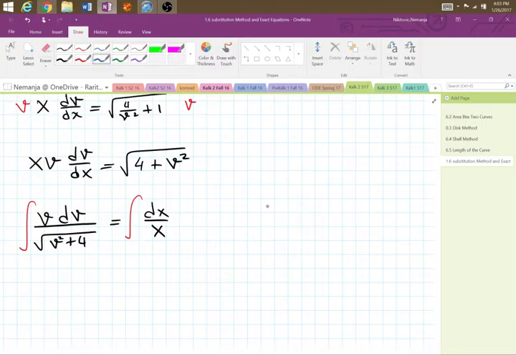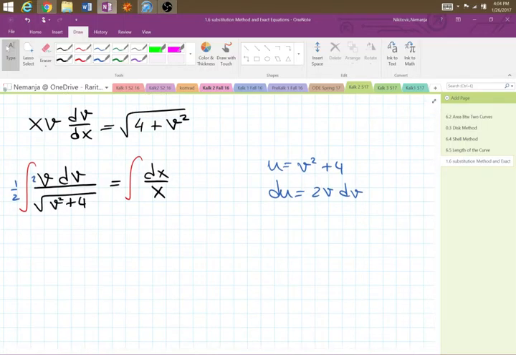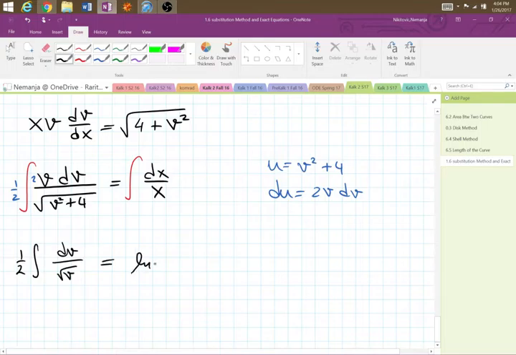So u is equal to v squared plus 4. And then du is equal to 2v dv. I don't have a 2, so we'll fix that issue by adding a 2. And I have 1/2 integral dv over root v equals ln absolute x plus c.